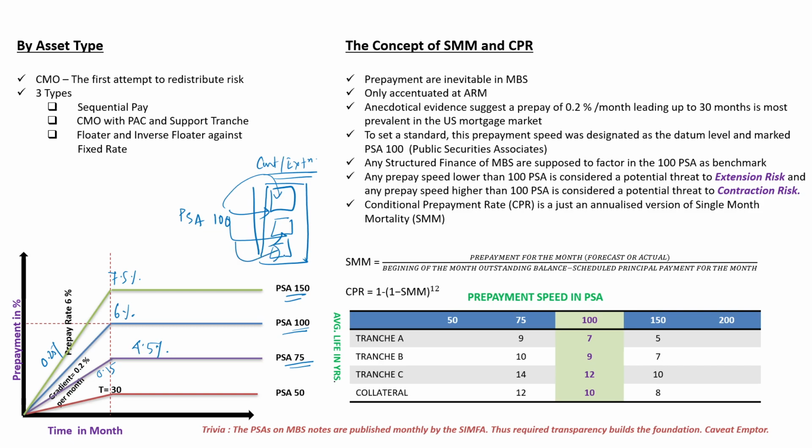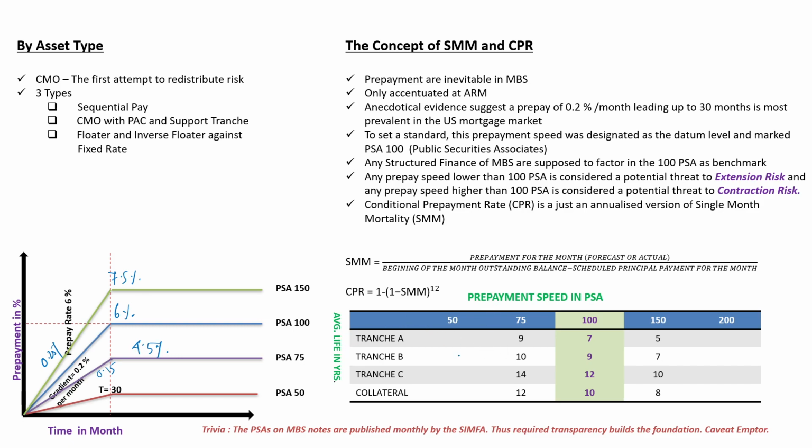On the other hand, if there has been accelerated prepayment, the structure is exposed to contraction risk. And if the prepay speed is less than the datum level of 100, the structure is exposed to extension risk.